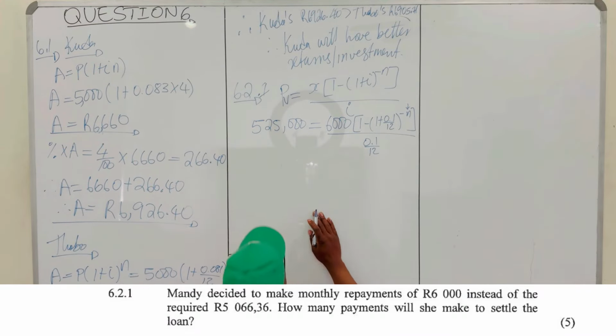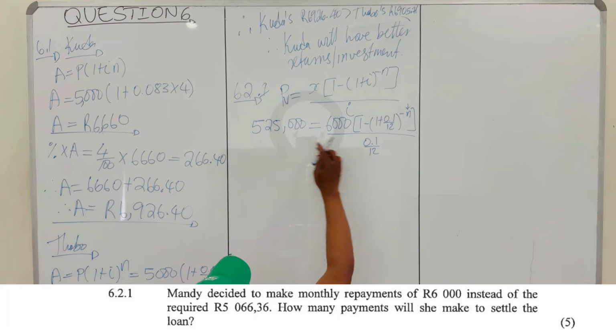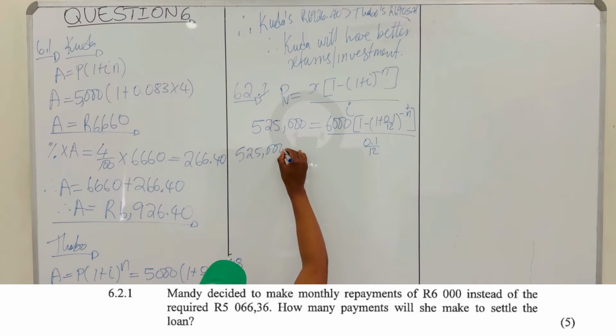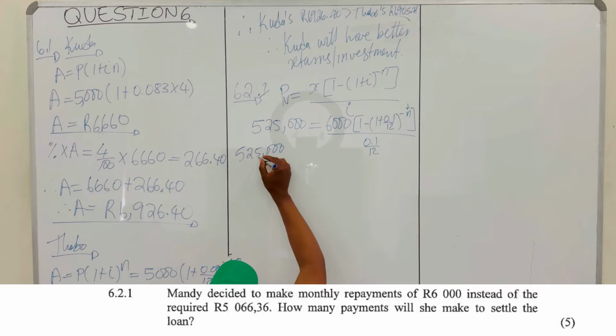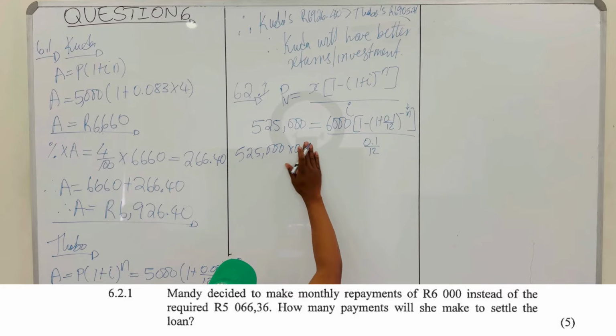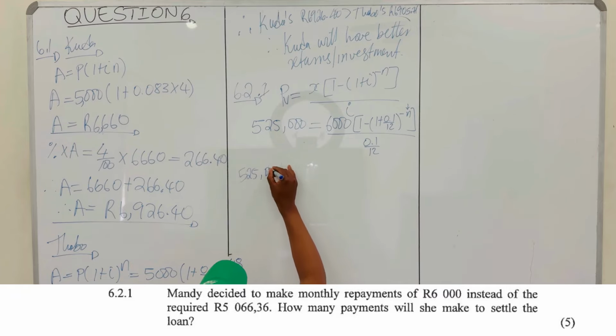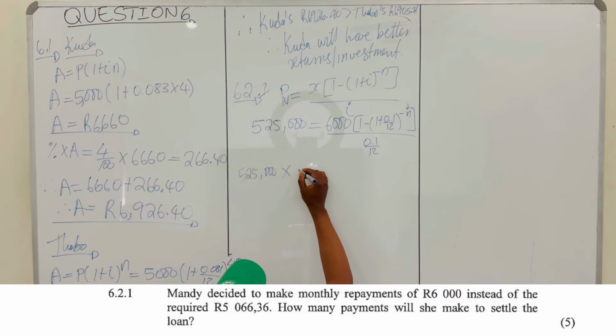Let's do this. We'll cross multiply. This times this, it will be 525,000, right? Yes. Times 0.1 over 12. Let me write this down. Do you agree? Yes.